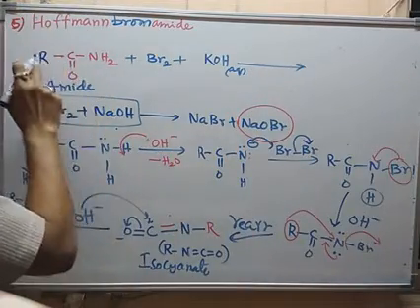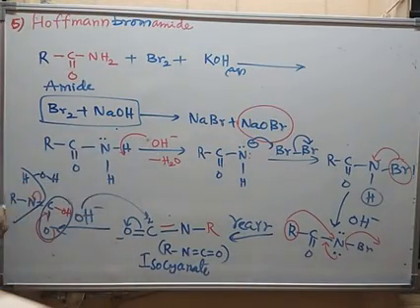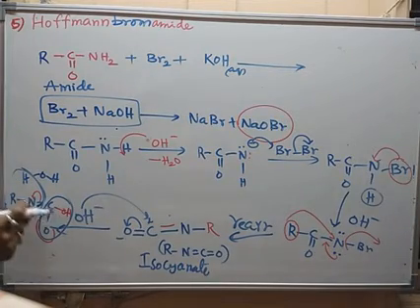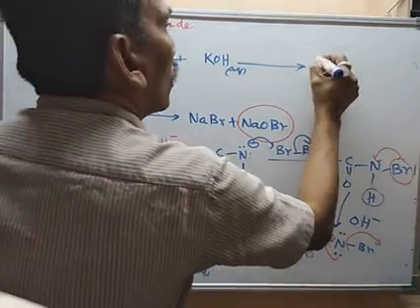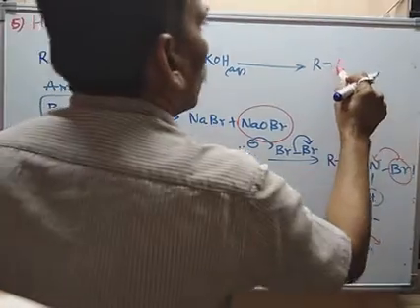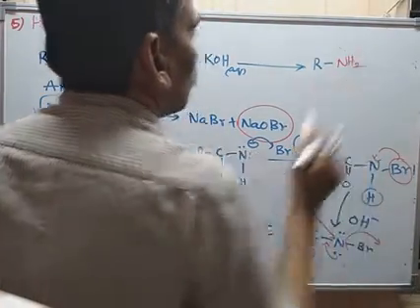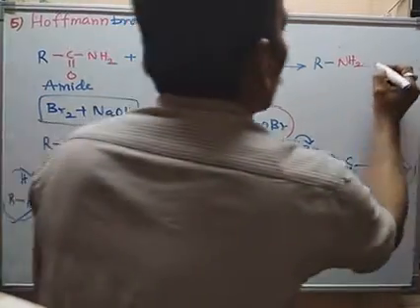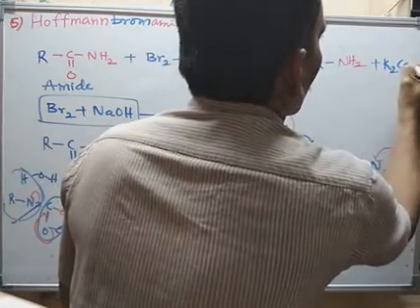What will happen? R is attached to two water molecules. Why? Because one more bond is to be broken. Then R simply gets this NH2 attached, and this CO is taken by KOH as K2CO3.